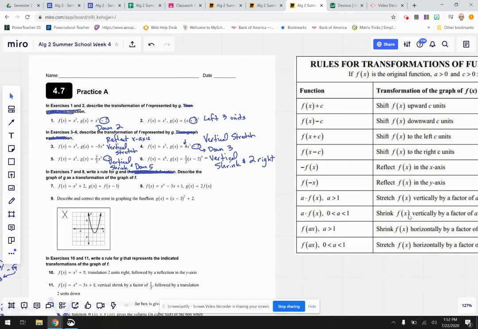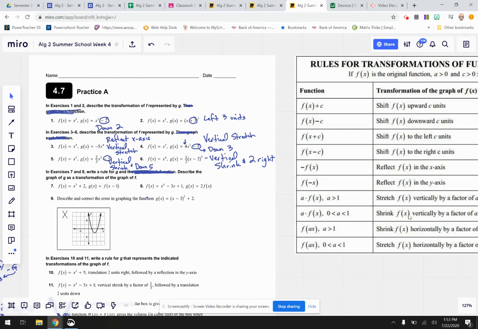It says write a rule for g and then describe the transformation. Your function is x cubed, f of x is given. g of x is f of x when you're taking 1 away from just the x.